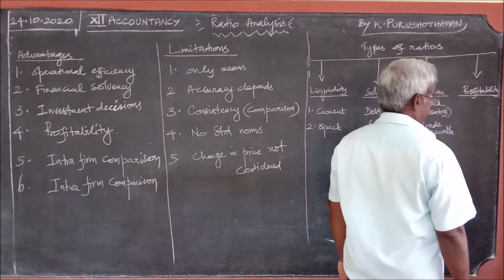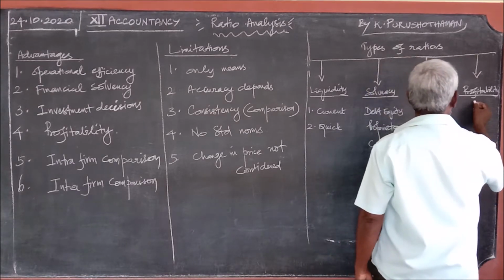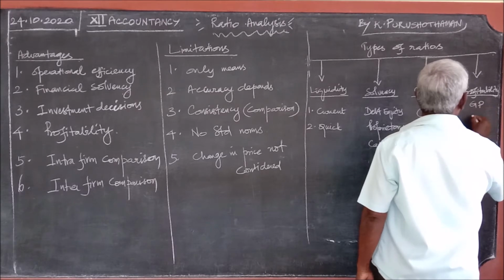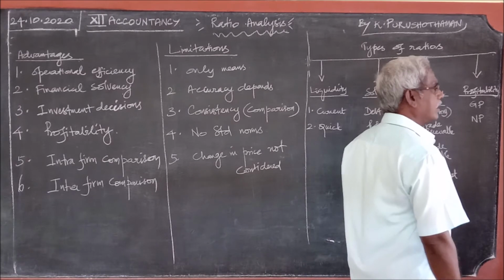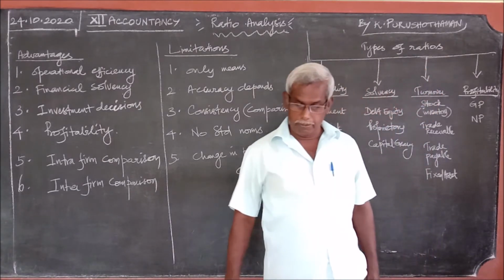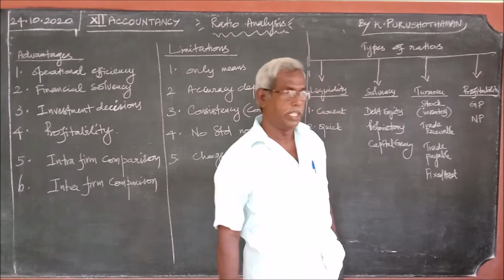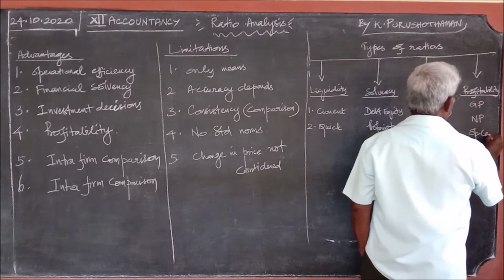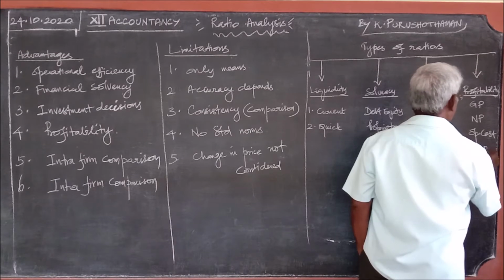Under profitability, what are the profitability ratios we have seen? The first one, gross profit ratio, net profit ratio, then operating cost ratio, operating profit ratio.